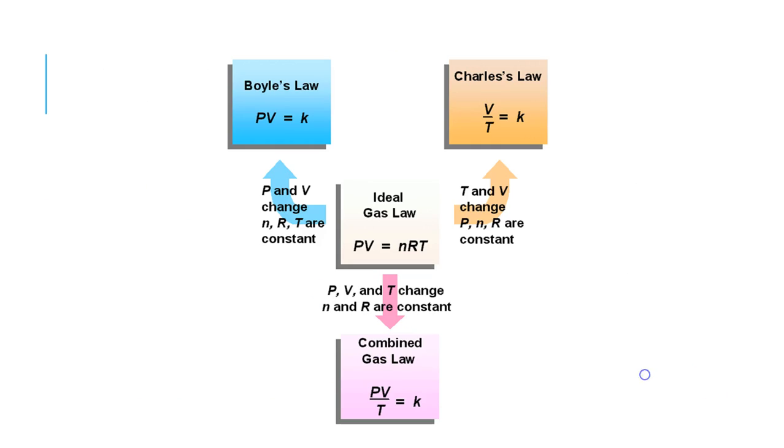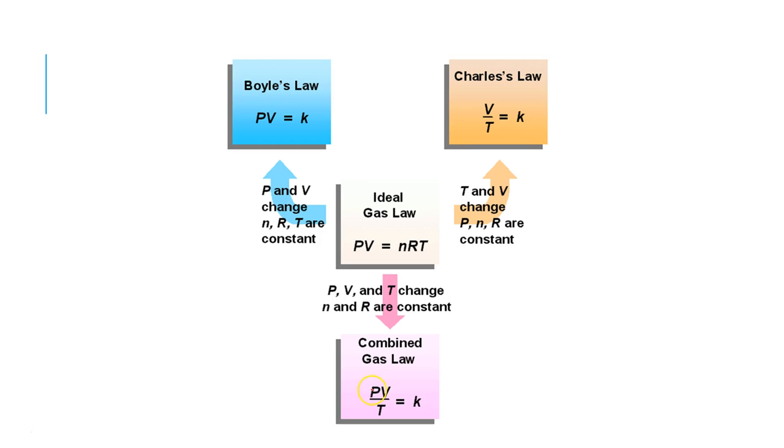Remember we said with the combined gas equation we can remove whatever is constant at the time. With Boyle's law, we had the relationship that P times V will equal a constant if the amount of moles and T are constant. Then we have the V on T relationship where P and N are constant for Charles, and this relationship gives us the combined gas law.